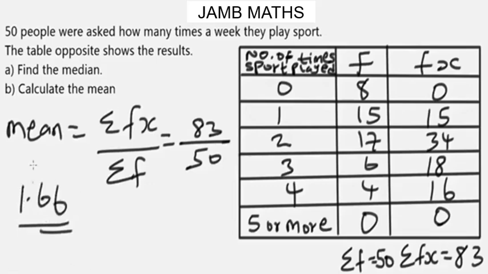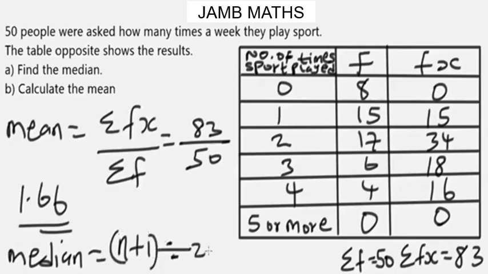Now for the median, let's get the median. Remember, we're going to apply this formula, n plus 1 divided by 2, where our n is the summation of the frequency.